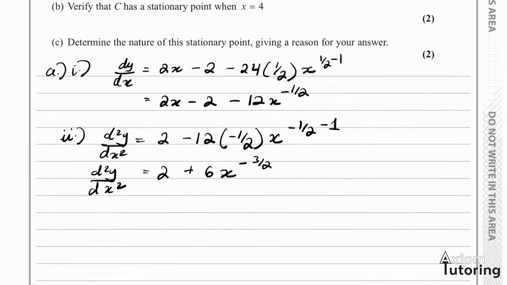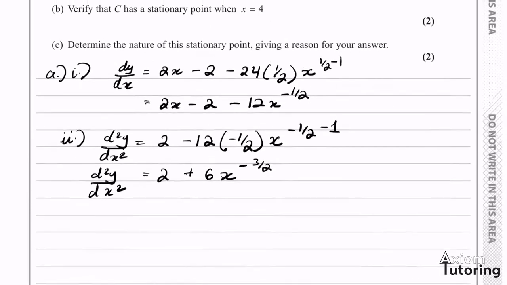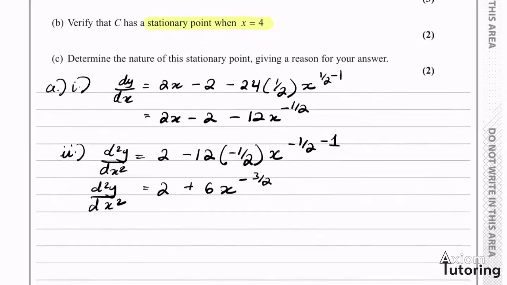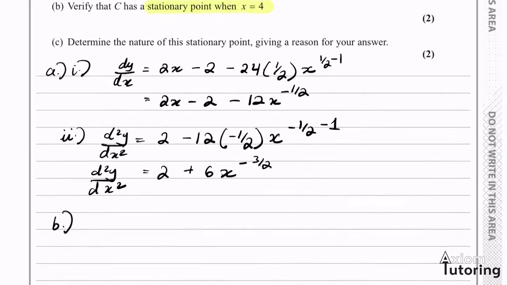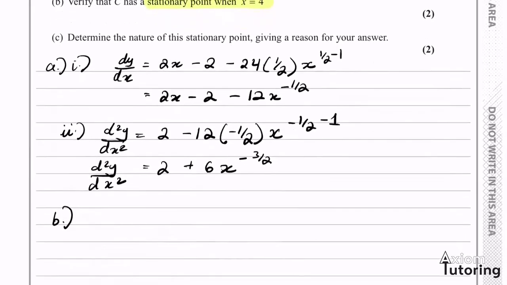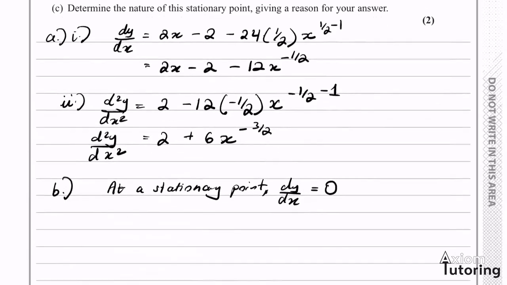Now in part B, we're asked to verify that C has a stationary point when x equals 4. So we know that at a stationary point, dy over dx equals 0.